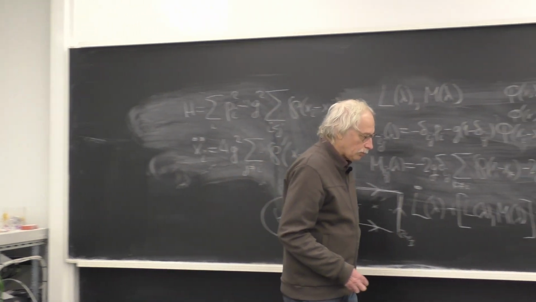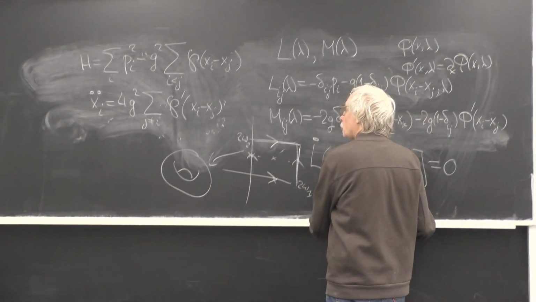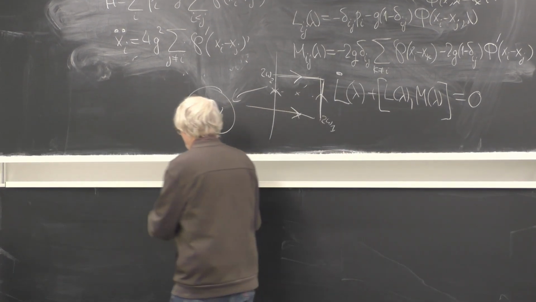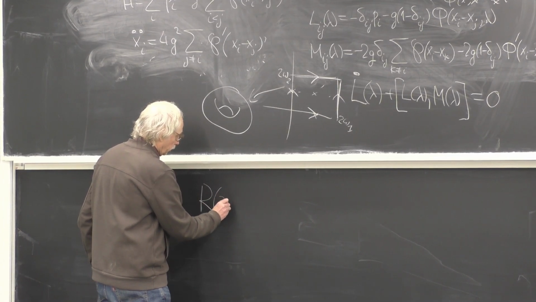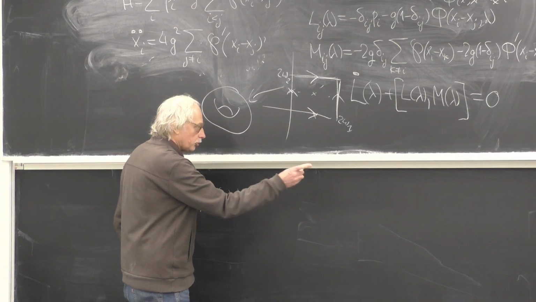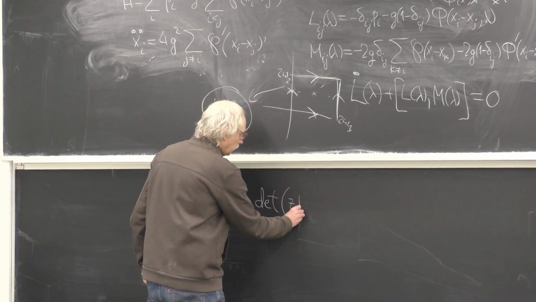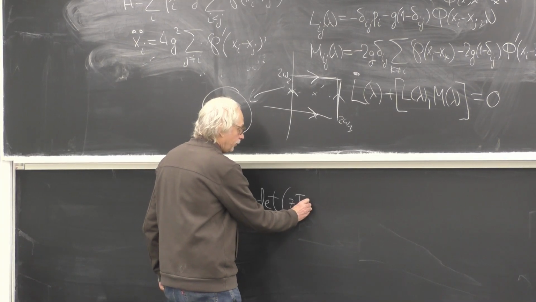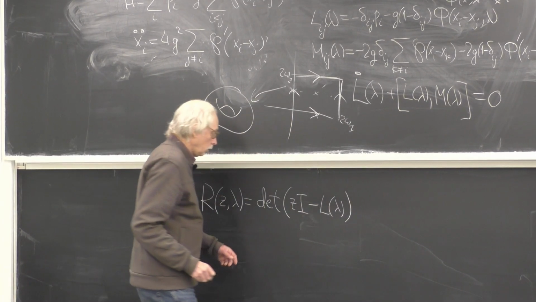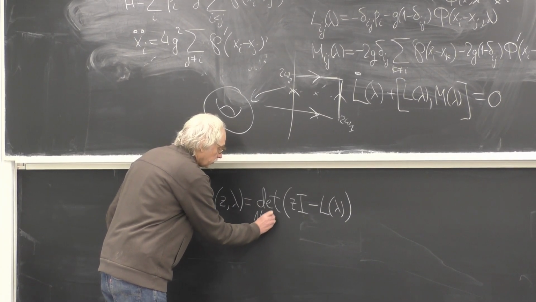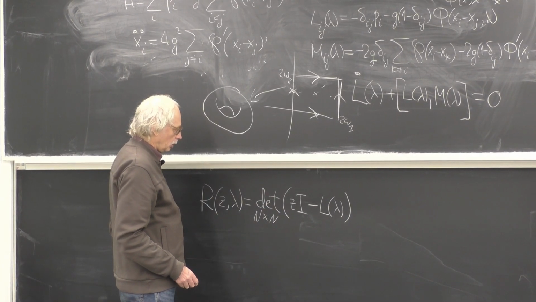And another important object related to this model is the spectral curve. Consider the characteristic polynomial of the Lax matrix. This is the identity matrix. So this is an n by n matrix. It is a polynomial in z of degree n.